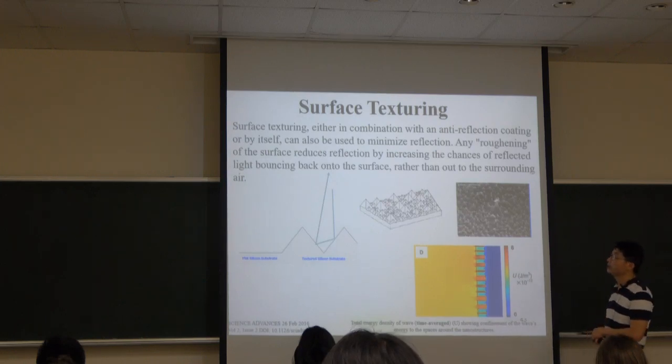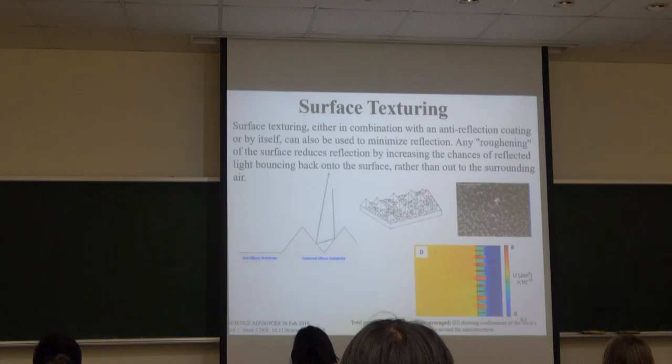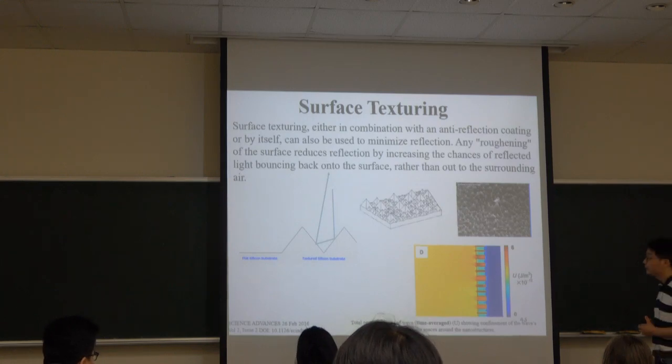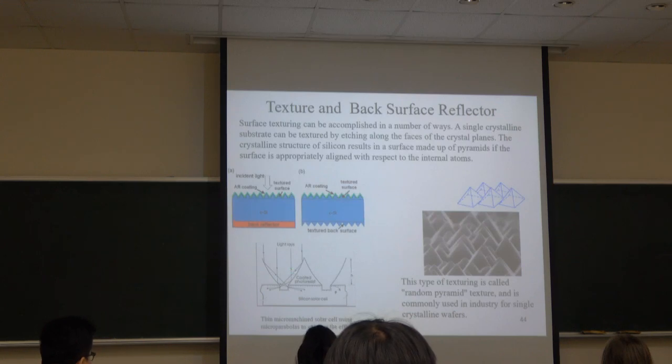surface. Here it's just a normal surface that you can use, as I explained in the last class. You can drop the silicon into something like HF solution, so you can create a tetra structure, a pyramid.